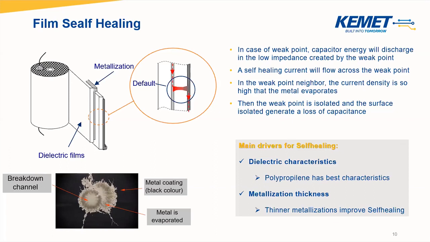As we said, during this process we have the vaporization of the metallization. So you can understand that the thicker the metallization is, the more difficult it is to have this vaporization and a good self-healing. So also the metallization design, the quantity of metal applied on the dielectric, makes some difference in the way the capacitor can self-heal. The thinner the metallization is, the better the self-healing is.